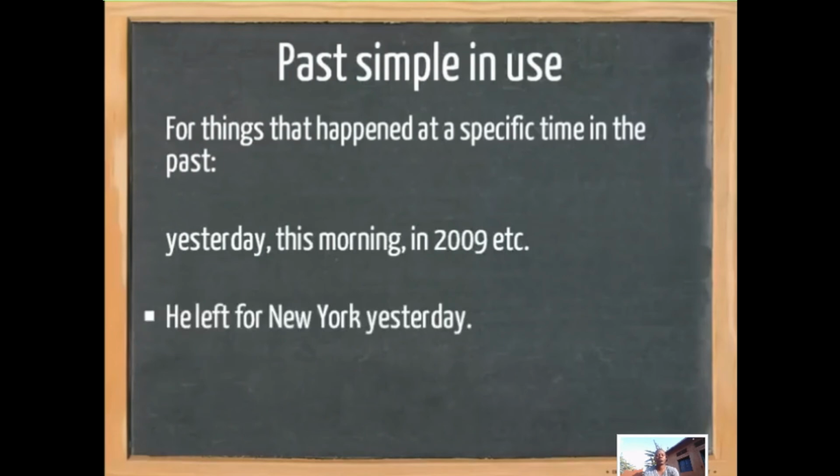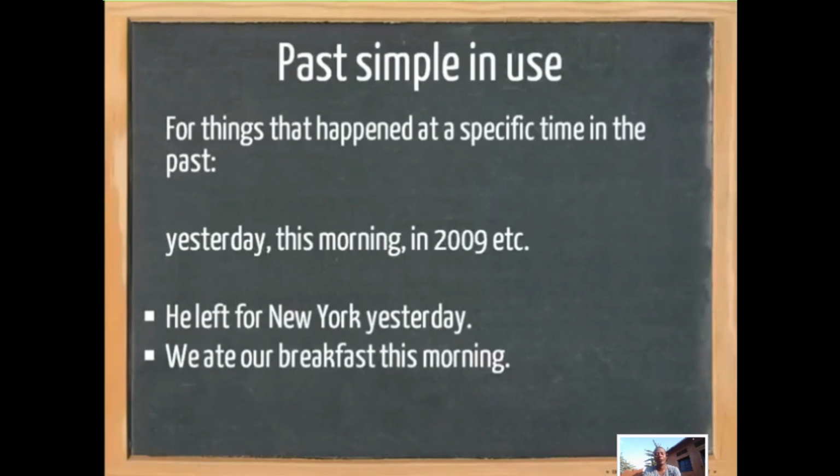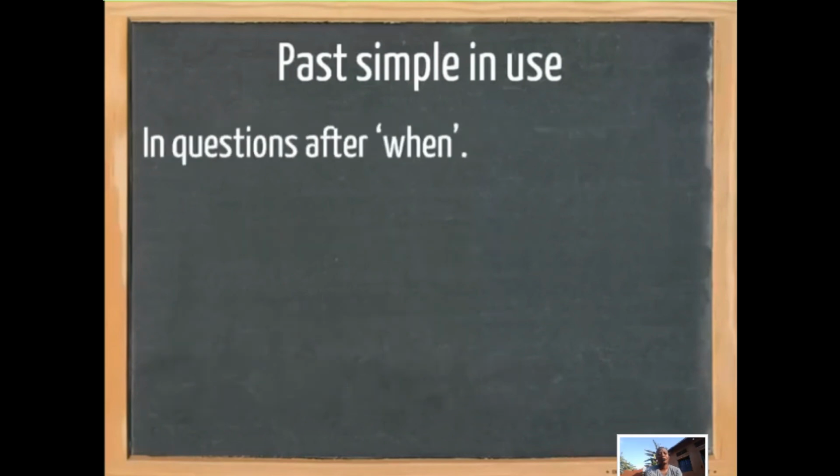Let's take examples. He left for New York yesterday. This word yesterday shows a specific time in the past. Exact time. Yesterday. We ate our breakfast this morning. They got married in 2009.